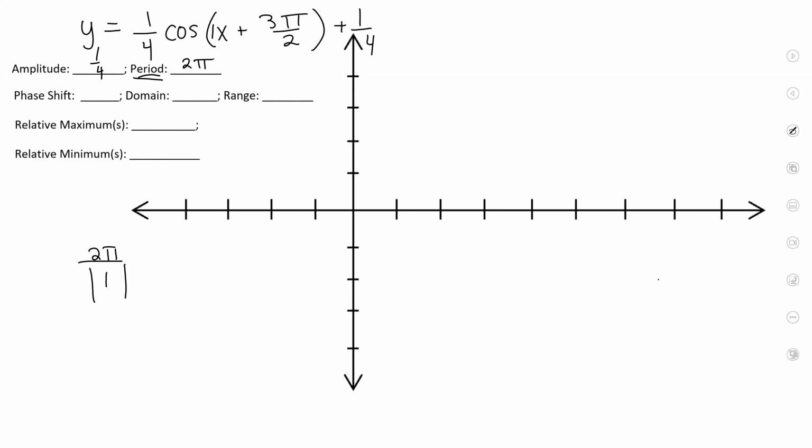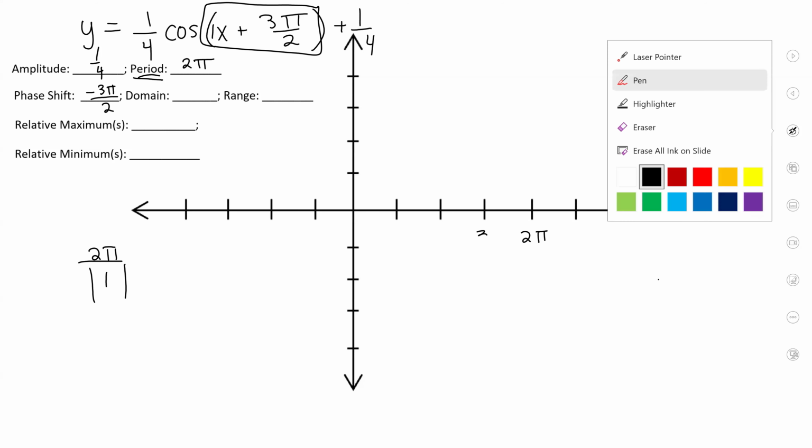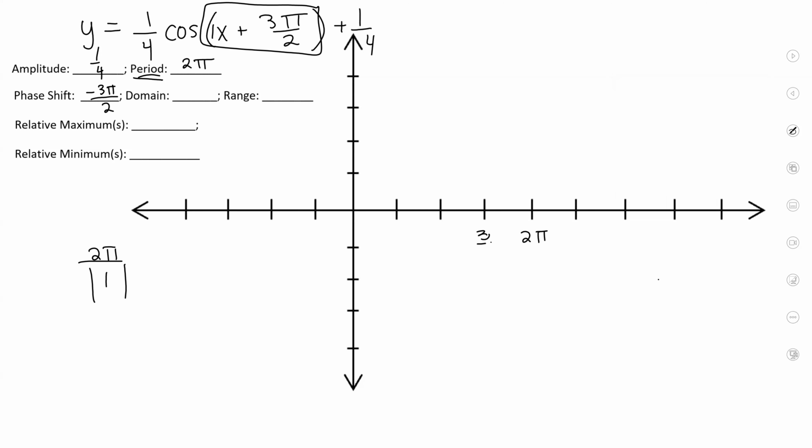Your phase shift, you set all of this equal to 0 and solve. So you would get -3π/2. So let's go ahead and try to set up the graph. I know my period is 2π, and I need to break that into 4 even parts.